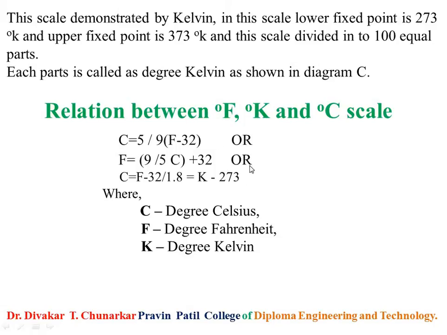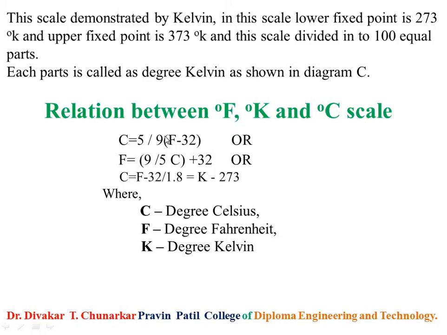So these are the three relations between degree Fahrenheit, degree Kelvin and degree Celsius scale. On this particular topic, a question must occur in your examination. Keep in mind, for 2 to 4 marks. Here C is the degree Celsius, F is the degree Fahrenheit and K is the degree Kelvin scale.